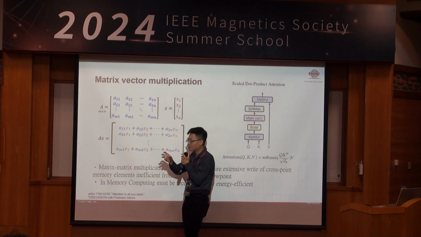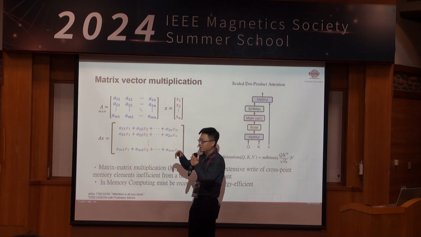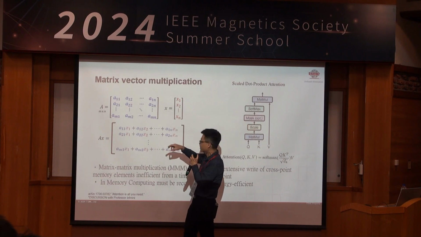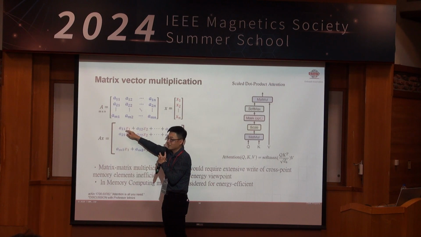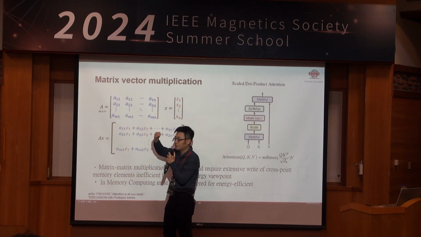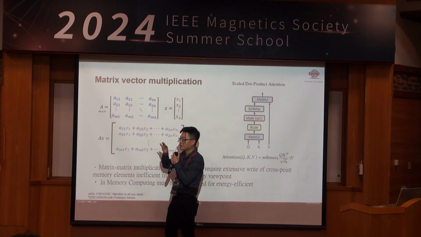It's like you cannot do the XOR in the memory. The only thing you can do is write every bit, and then you know this is already the result of A1 times X1, so you can accumulate all the currents. That means you need to do the operation somewhere else. You already know the result and you store it in this array, instead of doing the logic operation on the array.